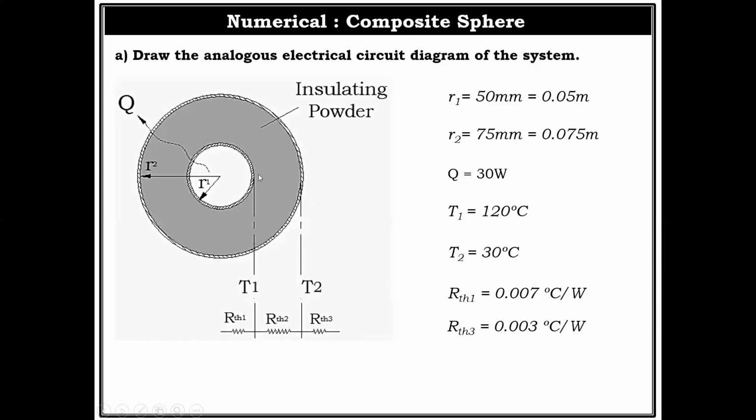When heat flows through this insulating powder zone, it offers resistance, that is R thermal 2. So this will be the electrical circuit diagram for our given statement.